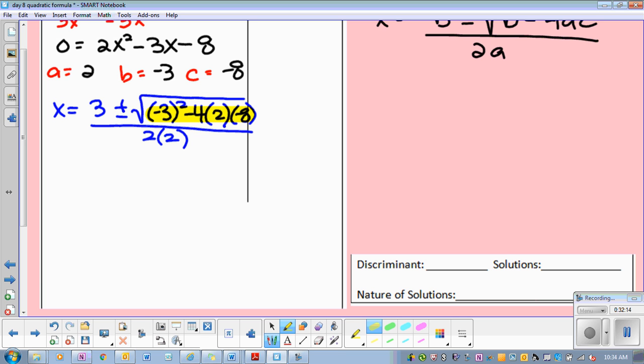Now I'm going to figure out the discriminant. 73. All right. Good. Positive number. What does that tell me about my solutions? 2 real. Good.